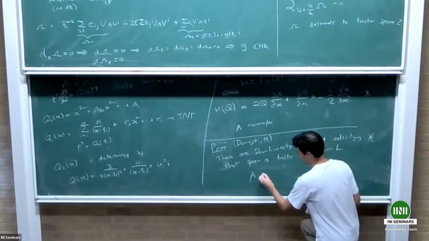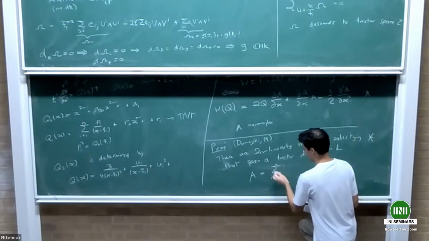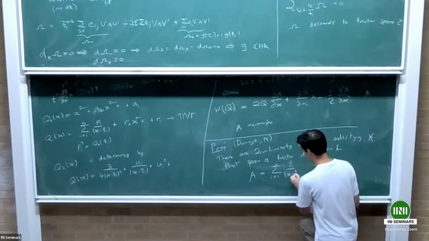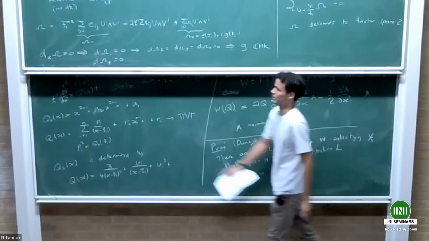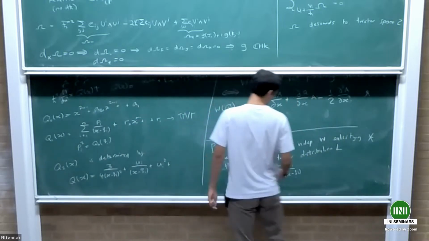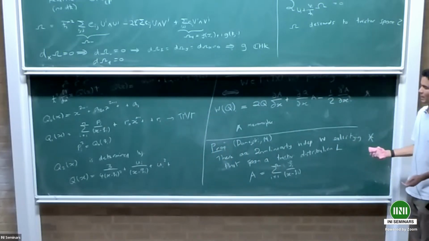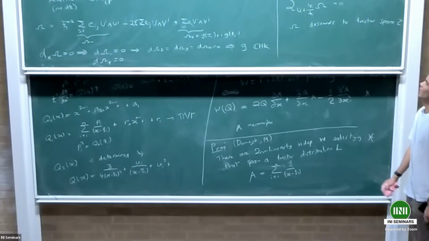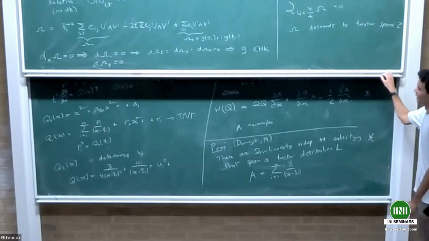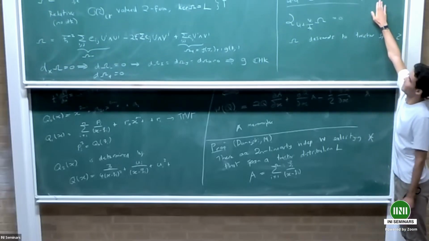The A's are just some sum of simple poles at these points Qi indexed by this Q. And so we have this twisted distribution, and now we want to know, is there a complex hyperkähler metric on X? And the way we're going to do that is we're going to try and find a CHK2 form.